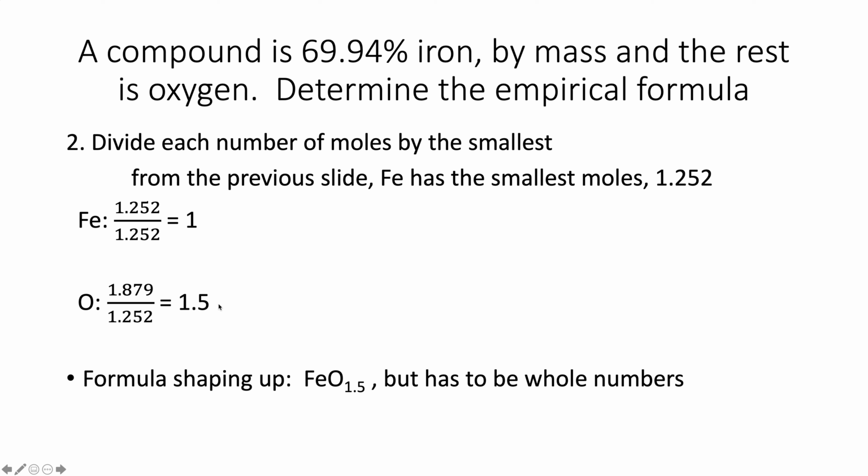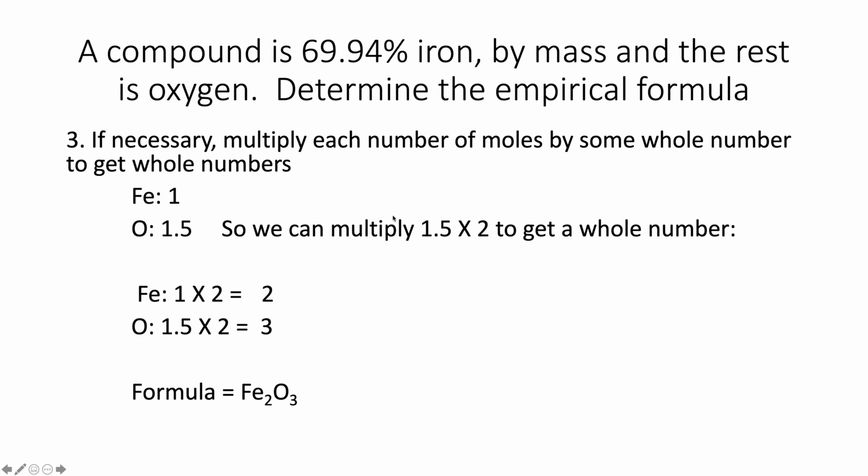Well, we all know 1.5 times 2 is 3. Just remember things like 0.25 is a fourth, those types of things. So if we multiply this one by 2, we have to multiply this one by 2. The 1 times 2 is 2, the 1.5 times 2 is 3. That means our formula is Fe2O3.